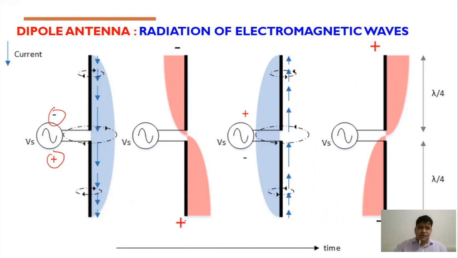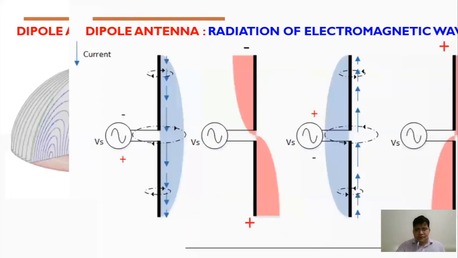And in this figure, we are talking about the applied input signal, so positive is here and negative is here. Now the charge is changing its position, and after that cycle positive is here and negative is here. Earlier what was the position? So that was the radiation from the dipole antenna.